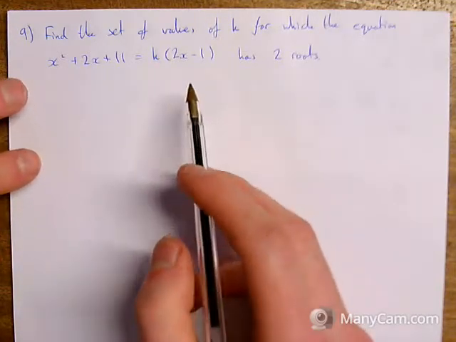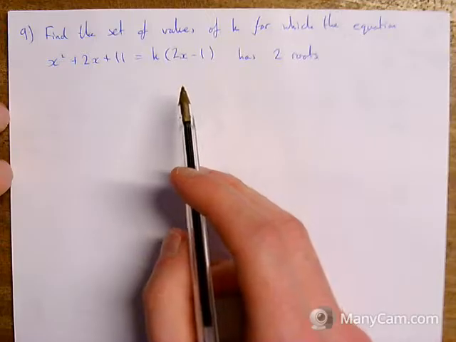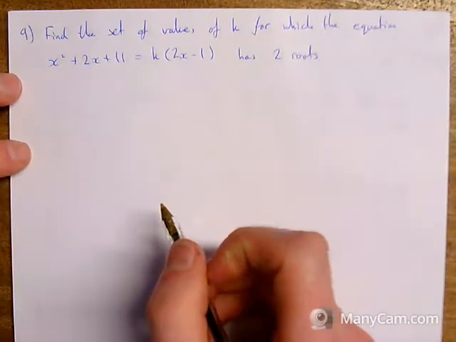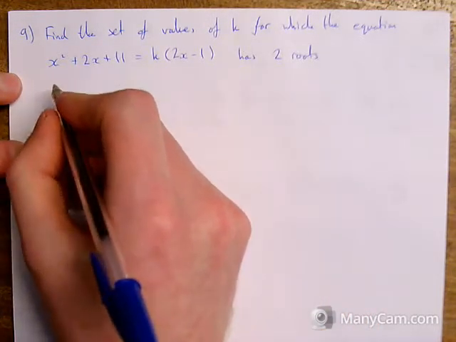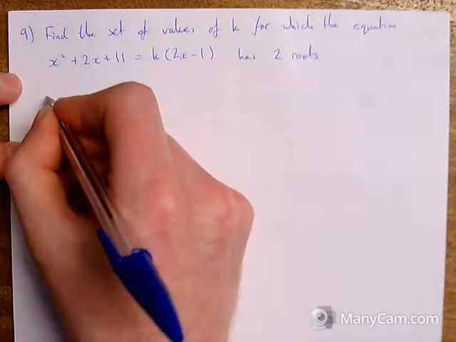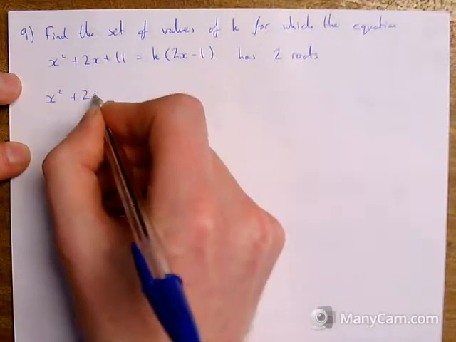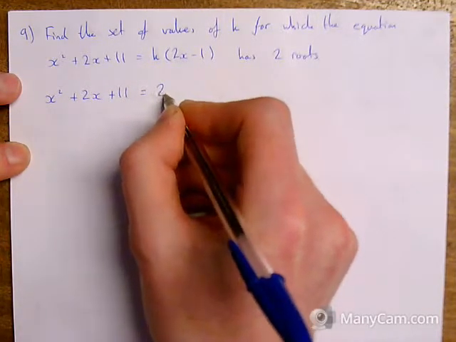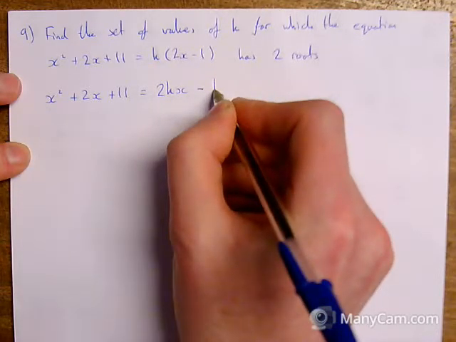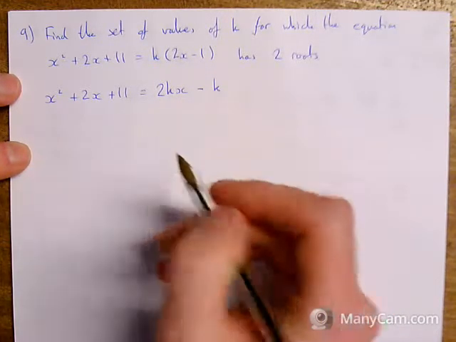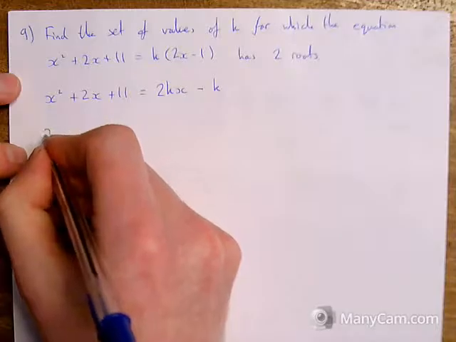What I need to do to begin with is rearrange everything to make it equal to 0, and then I can solve it using the quadratic formula. So setting everything to 0, I expand out that bracket to begin with, and then put everything onto one side of the equal sign to set it equal to 0.